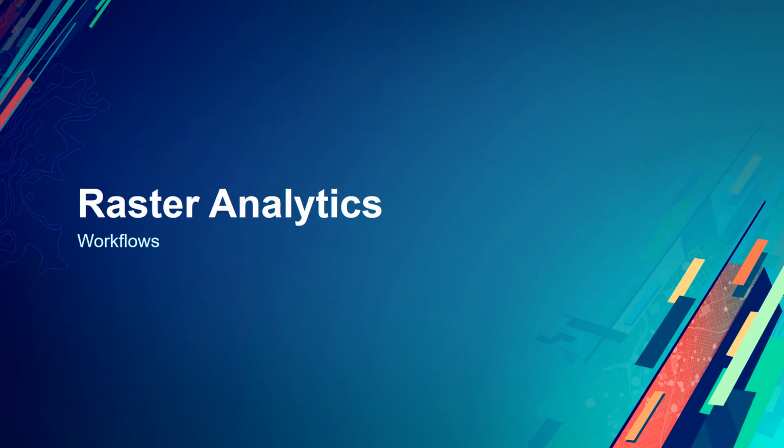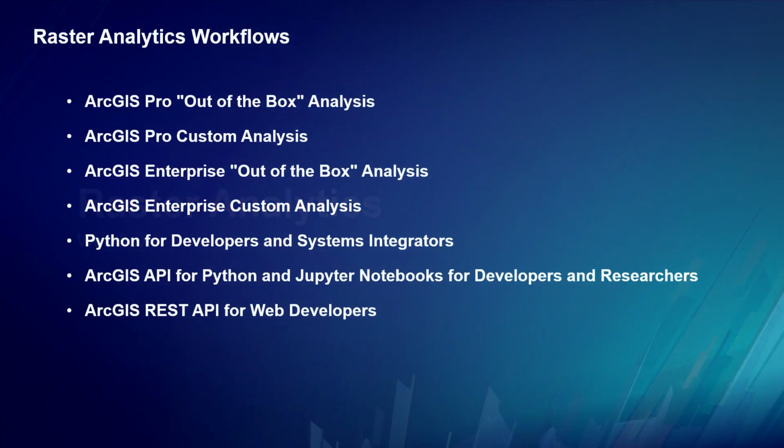So let's talk about how we can define some workflows. If you think about how to use raster analytics, there are basically 7 main ways. The first is you just use Pro with out-of-the-box analysis. You basically use pre-baked functions that are already in there.